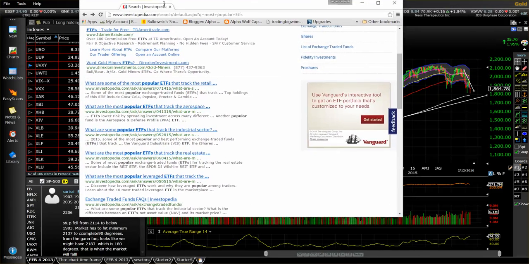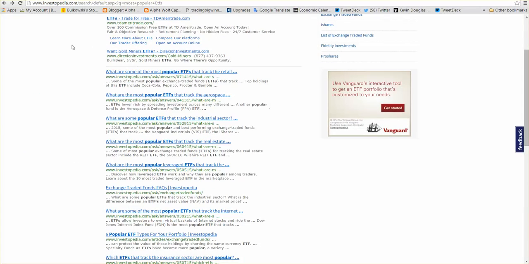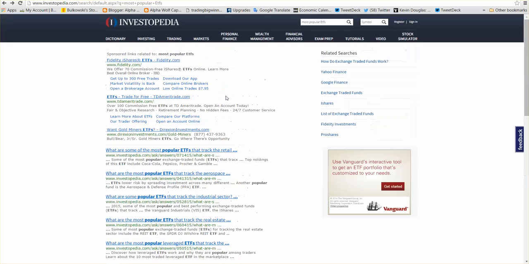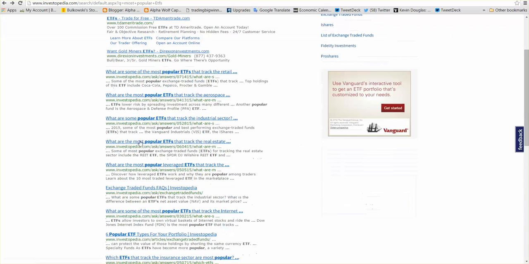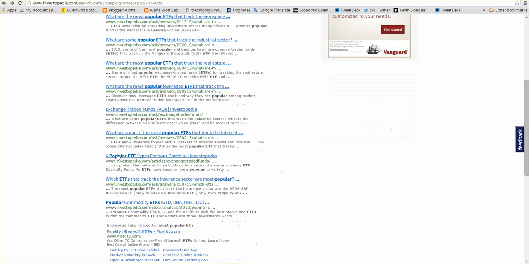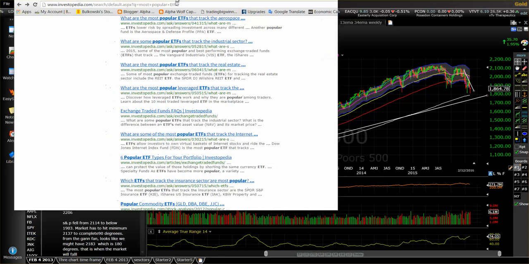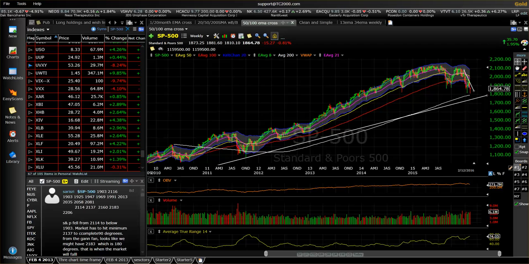And if you're interested in ETFs, remember, we talked about Investopedia. Just go to Investopedia and punch in ETFs, and it'll tell you the most popular ETFs for retail, for aerospace, for the industrial sector, real estate, okay, commodities. There are ETFs for everything, and they're very liquid.